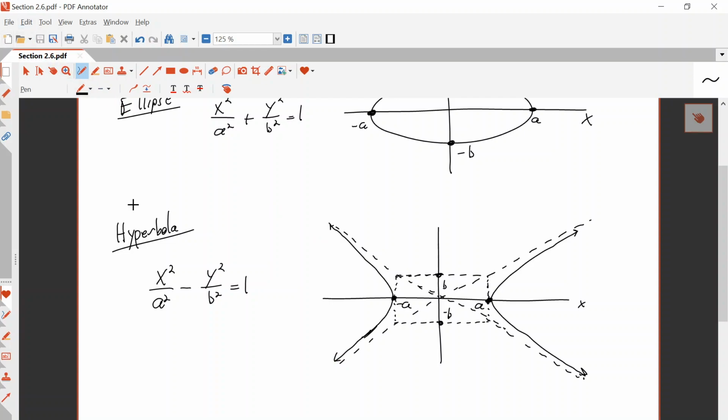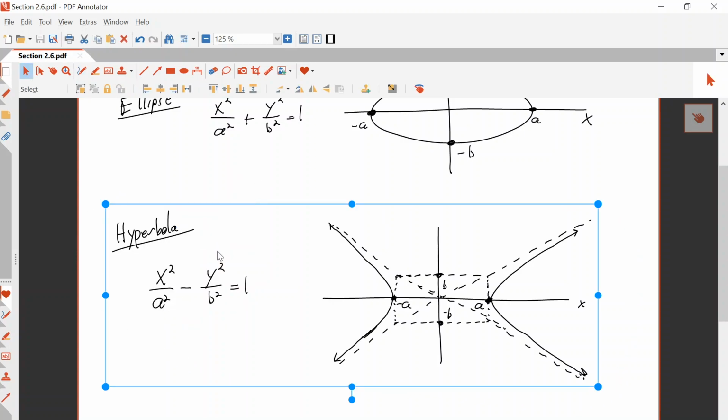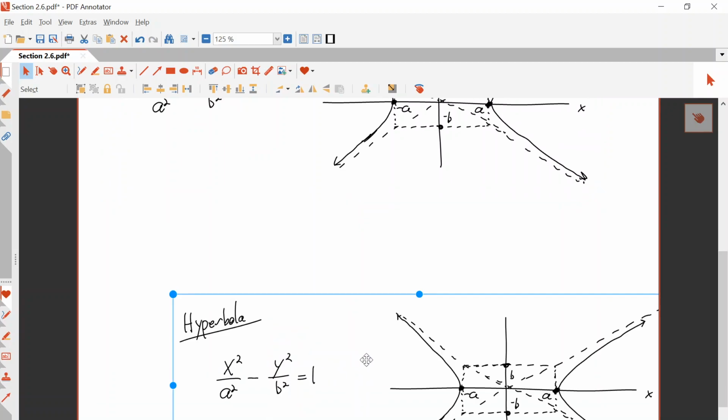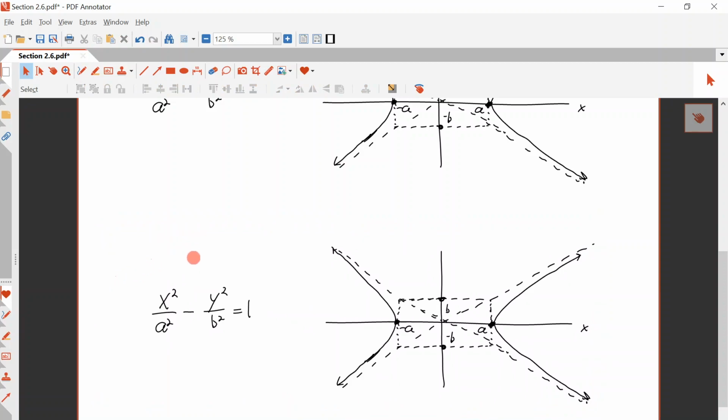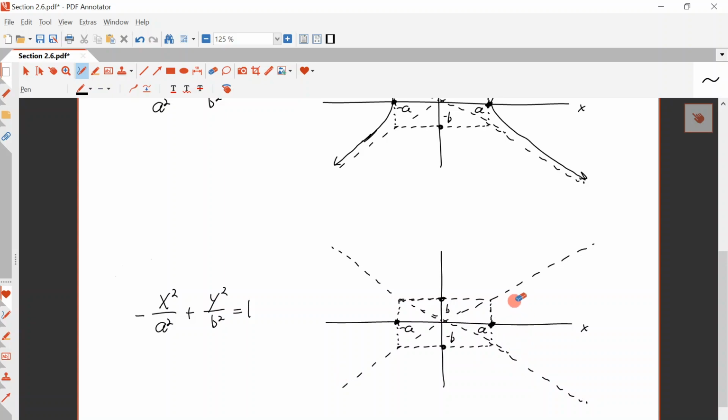For the other equation, where we switch the positive and negative around, it opens up and down rather than left and right. So here you have this same guideline box and guidelines, but the hyperbola opens this way. Opens up along the y-axis.